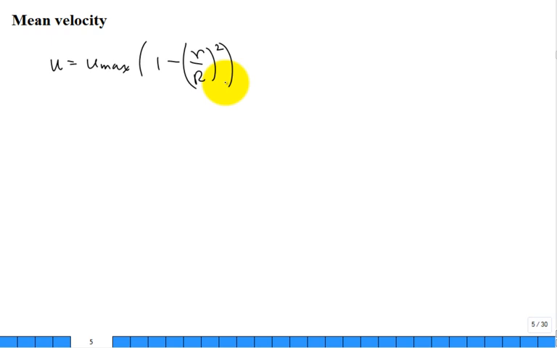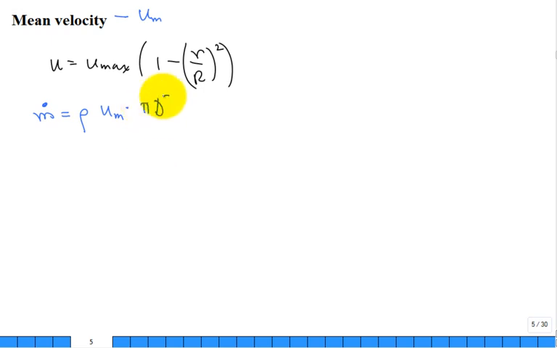So what you want is a simple equation where you say the mass flow rate is equal to the density of the fluid times some mean velocity. They put a subscript m on the velocity for mean velocity. This is u sub m, times some area. Well, what's the area of a pipe?